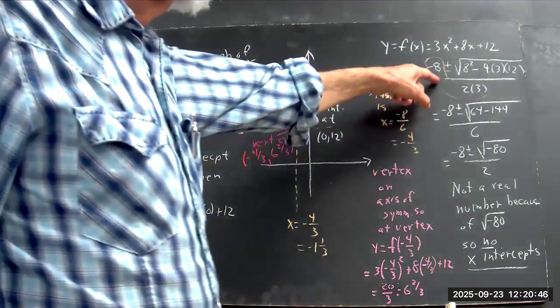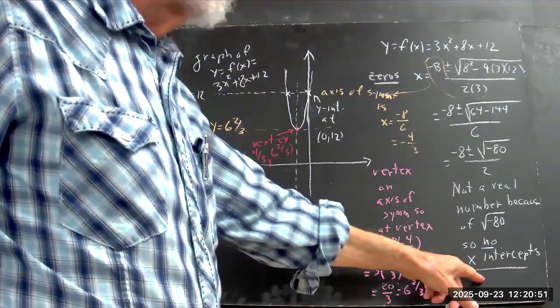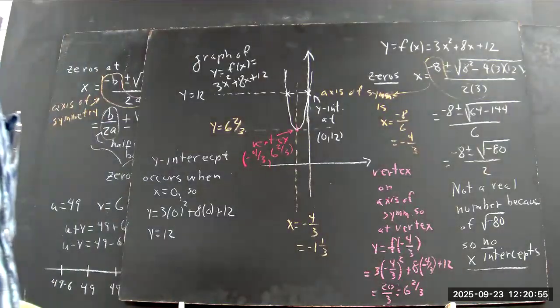The quadratic formula tells you exactly the same thing about the x-intercepts. You got a negative under the radical. There are no x-intercepts.